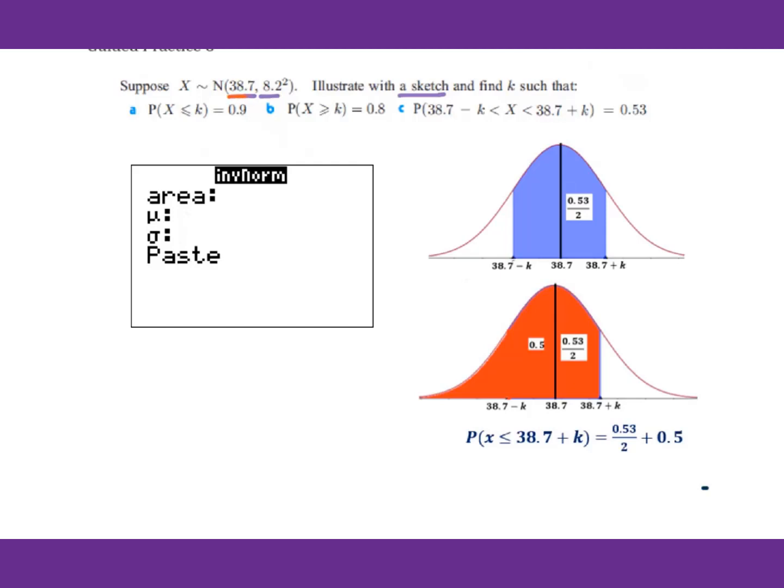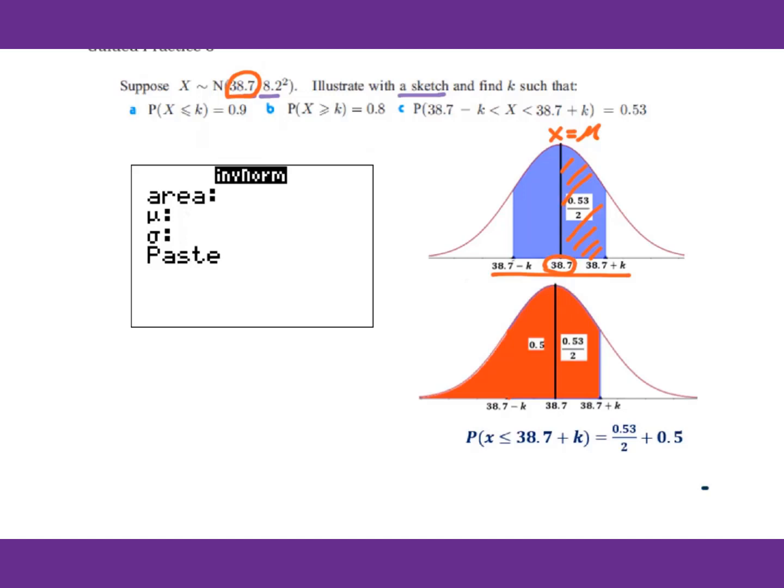Go to C. For x between 38.7 minus k and 38.7 plus k. Since 38.7 is the mean, we can sketch this normal distribution like this. The normal distribution curve is symmetric across x equals mu. Therefore, half of the area will be 0.53 over 2.